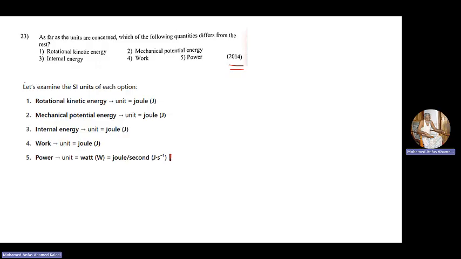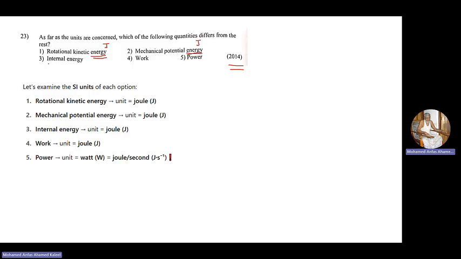We will check one by one. The first one is rotational kinetic energy. It is energy, so it is measured in joules. The second one is mechanical potential energy. Yes, also energy, also measured in joules.